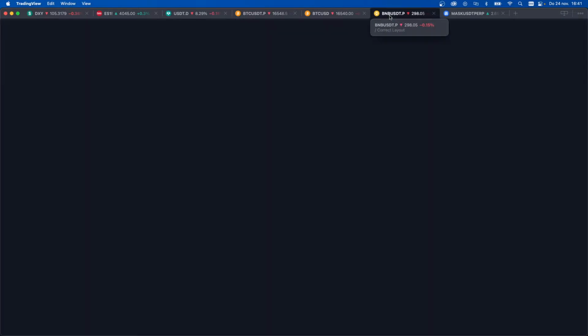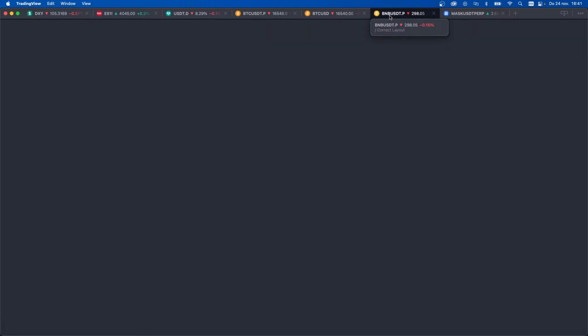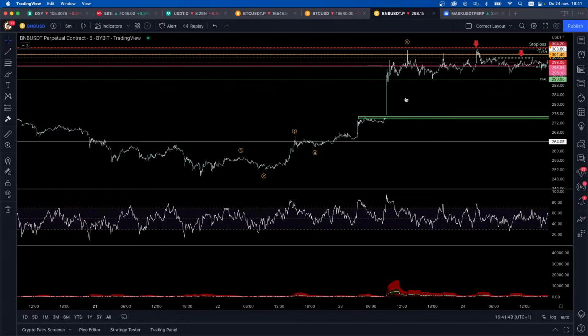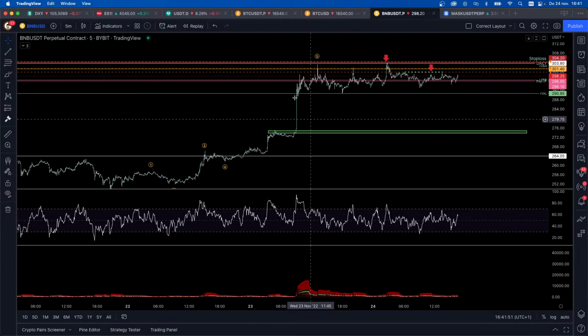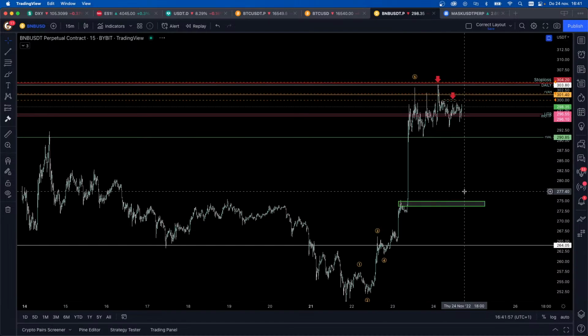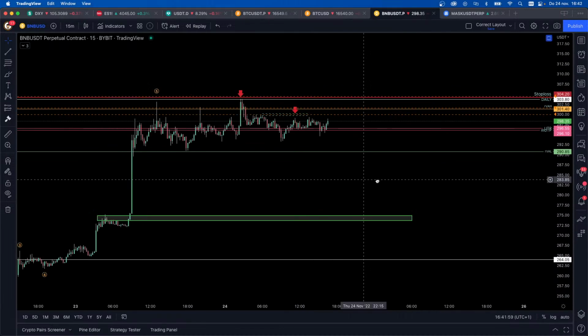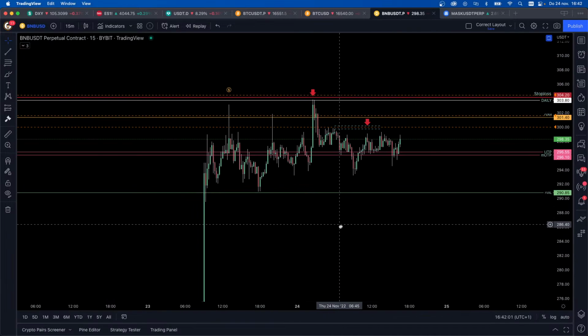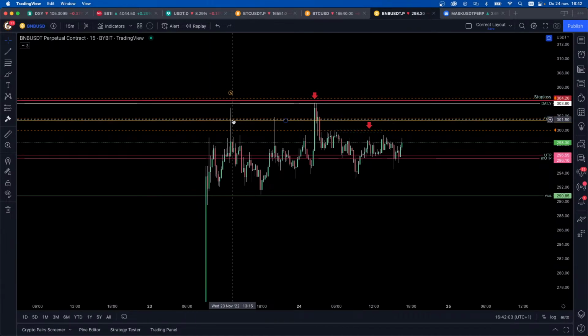Maybe Binance. I did a trade yesterday which I was stopped out of, and it was basically a good lesson. We can already see why I got stopped out of this. It was a kind of stupid decision, because I was shorting this level over here.